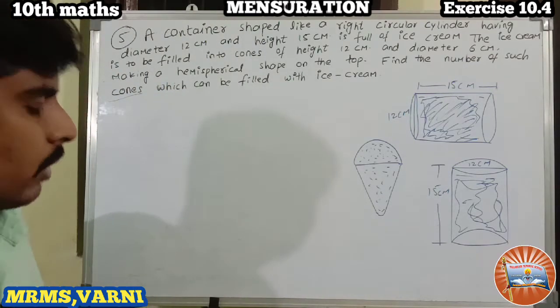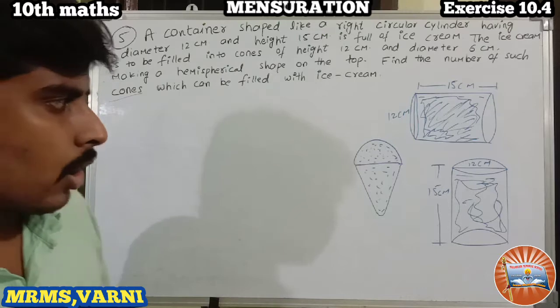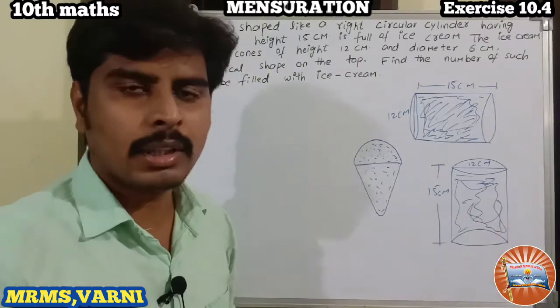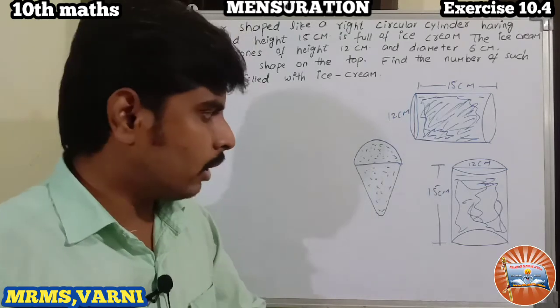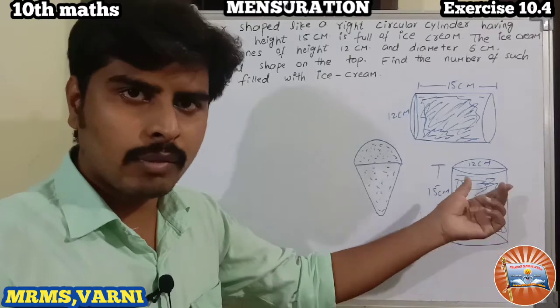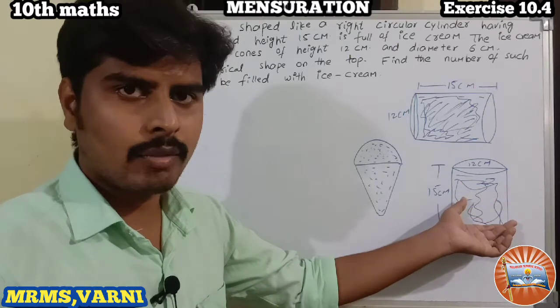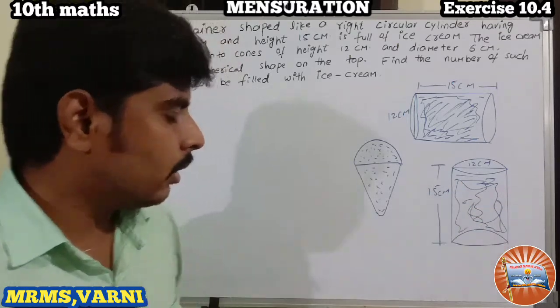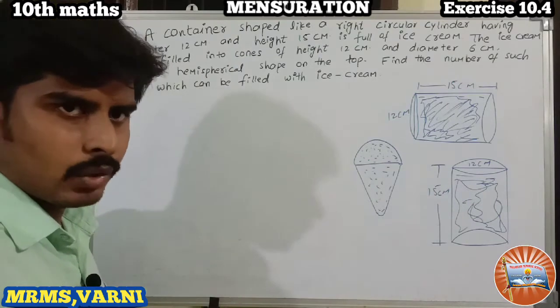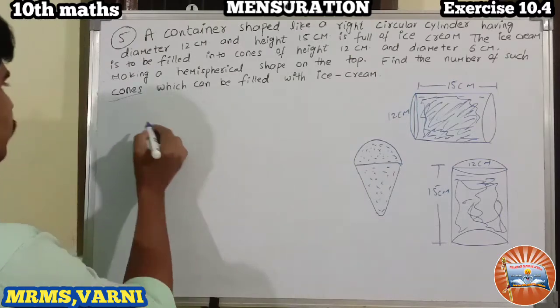To find that, first of all we need to find the quantity of actual ice cream. That is nothing but the volume of the ice cream, which is the volume of the cylinder. If we find the volume of the cylinder, we get the quantity of ice cream.